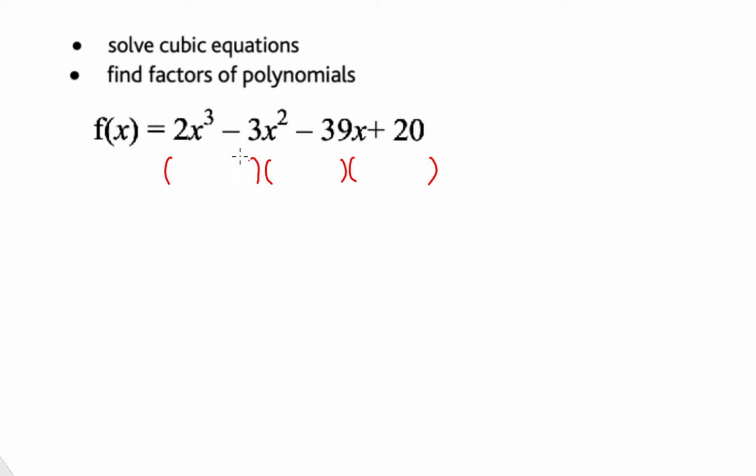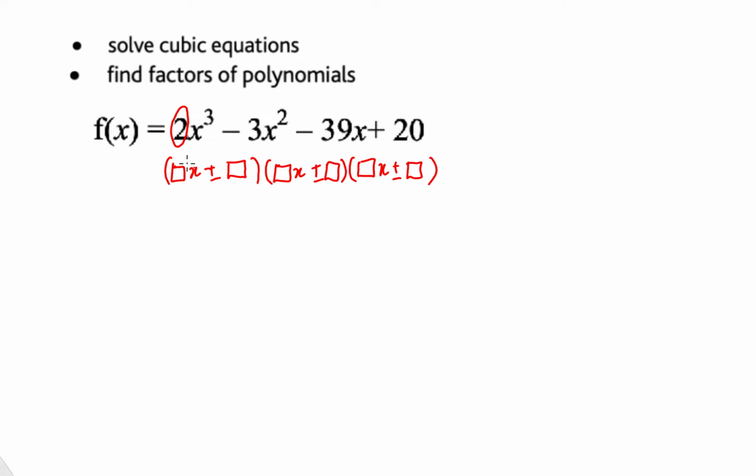So let's assume that there are three brackets here. We're going to have something x, something x plus or minus something, something x plus or minus something, and something x plus or minus something. I know there has to be something in front of at least one of the x's because we have a 2x cubed here.